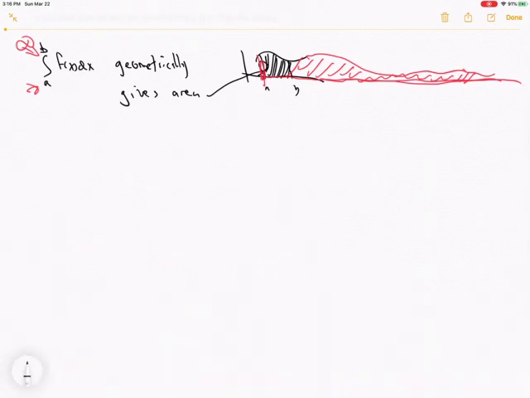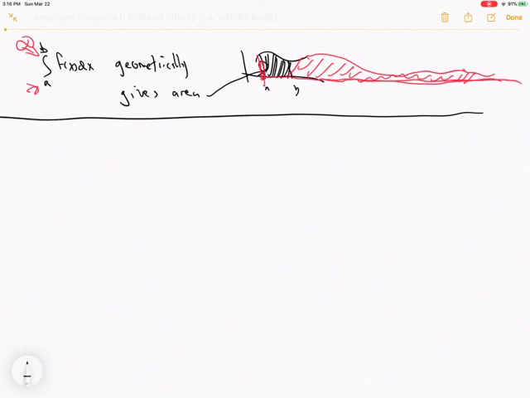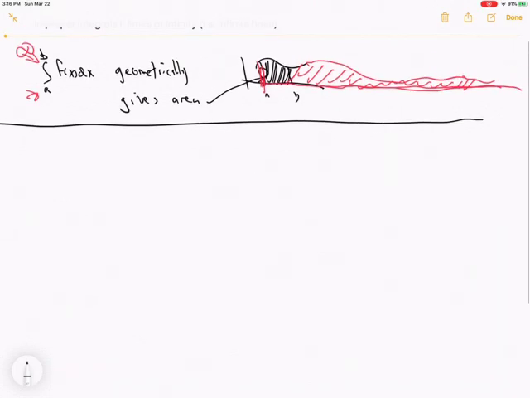Okay, so first let's introduce the formal definition. We're considering integrals of this form: the integral from a to infinity of some function f of x dx. How is that defined?